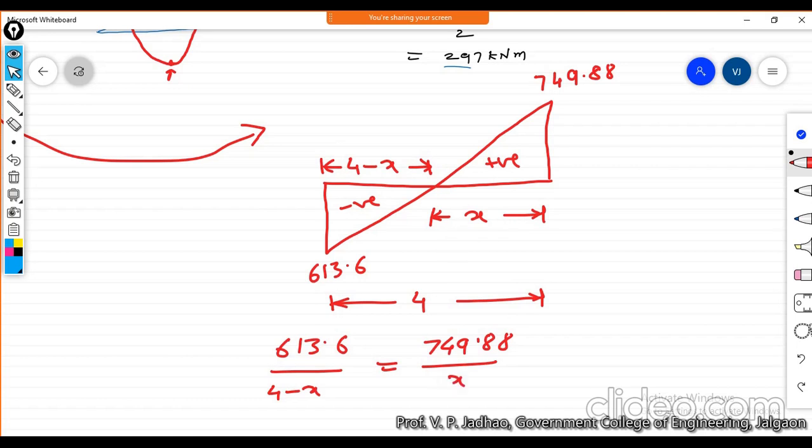So we get the x value: x is equal to 2.22 meter.